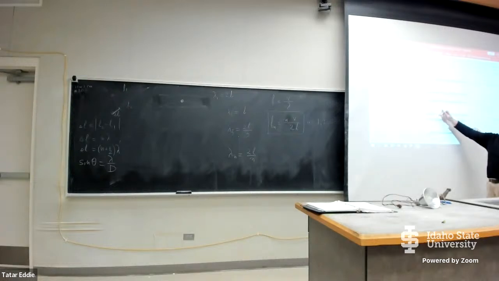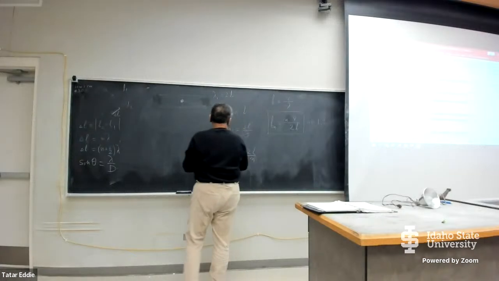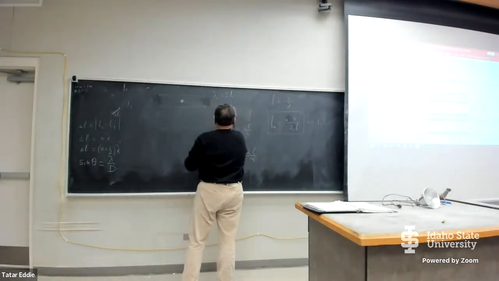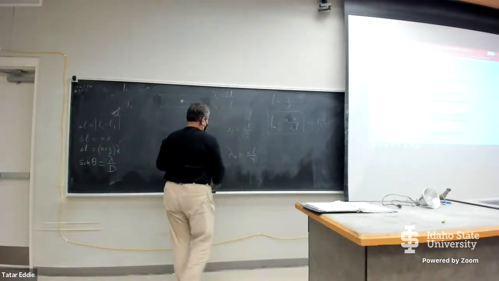In a similar manner, the second harmonic is going to be half a wavelength longer. So the second harmonic is going to have wavelength exactly equal to the length of the pipe, and so on.